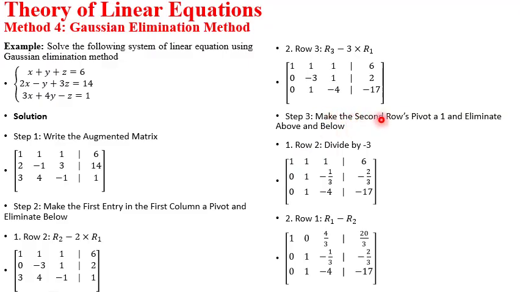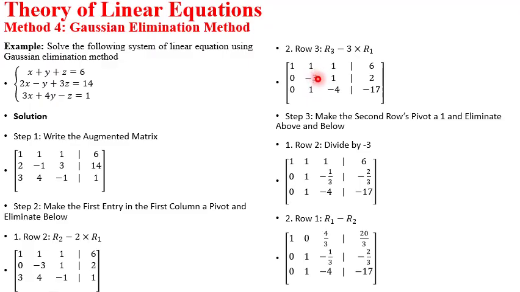We also want to perform 2 row operations simultaneously on this augmented matrix, the resulting augmented matrix. What we want to do is to make the second row's pivot a 1 and eliminate the entries above and below. We want to eliminate this and this, and we want to make this a 1.